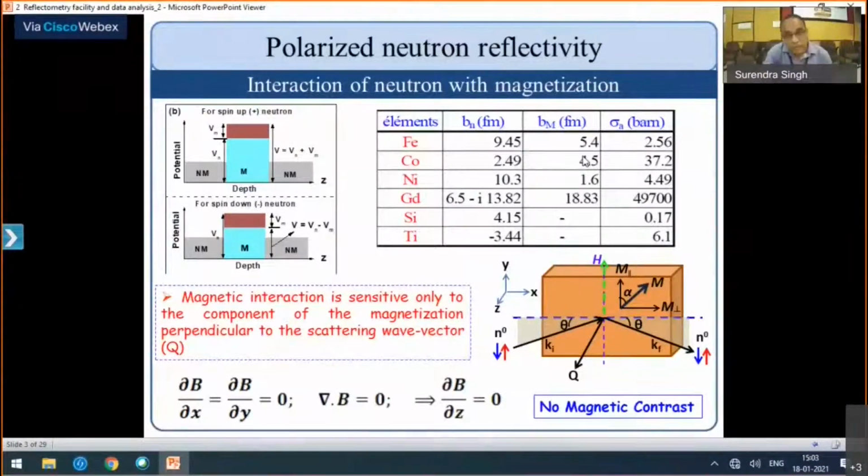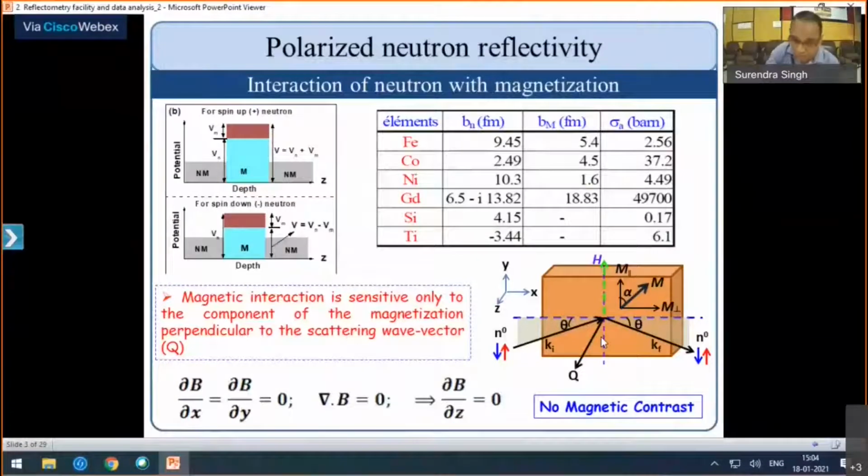And as a thumb rule, as I told you on Friday, if our magnetization is perpendicular to the plane of the film, like I said, in thin films mostly we say out-of-plane magnetization, like we have seen in memory systems where we have small bits along the perpendicular direction which can be used as memory. Those kinds of studies we cannot do by polarized reflectivity.